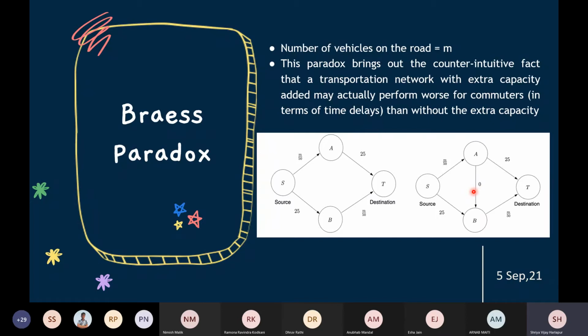And that's how this paradox comes about. Adding extra capacity, or a new link, or a new highway actually makes it worse for commuters in terms of time delays than if there was no link added.